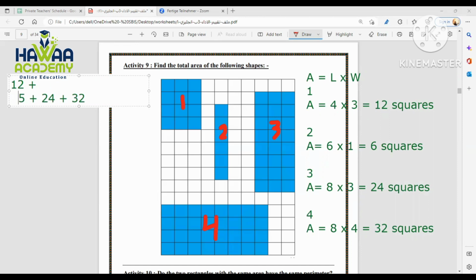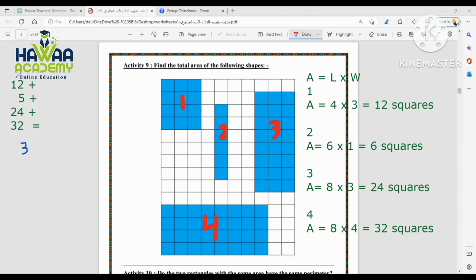Okay, let's find it out together here. The ones part comes first. 2 and 4 make 6. 6 and 6 is 12. 12 and 2 will be 14.